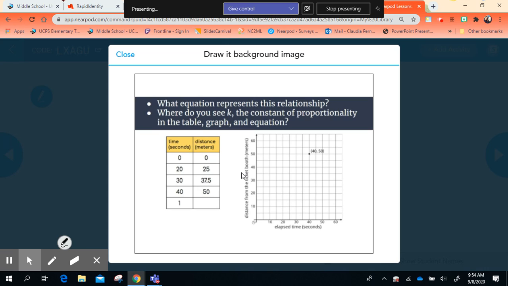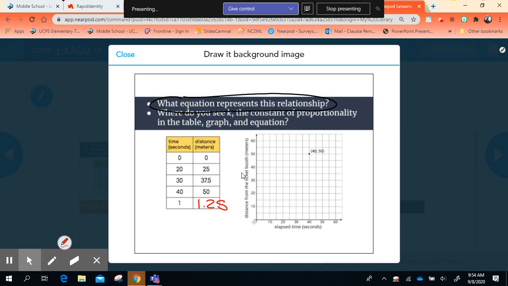Okay, so it asks, what equation represents this relationship? Where do you see K in the table? First thing I want to talk about is, what is the equation? What did we say the unit rate was for this table? 1.25. Perfect.